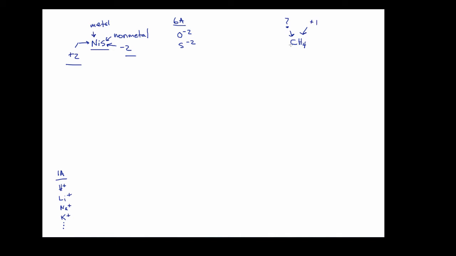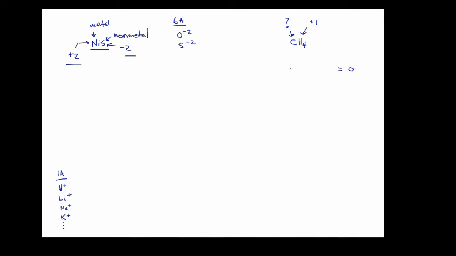So we can set up a simple equation to figure out what the carbon is going to be, because we acknowledge the fact that whatever the oxidation state or the charges on the various elements within a neutral compound, the sum total of all those charges needs to be 0. All right, so we're going to set up a simple equation. We're going to say that whatever we have on the left side here will have to sum together to be 0.